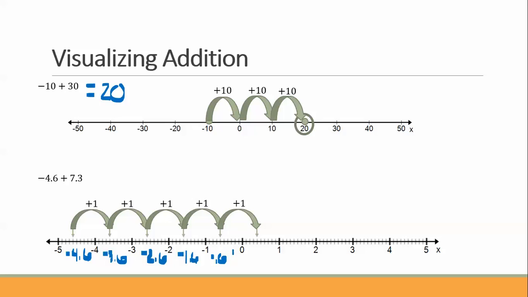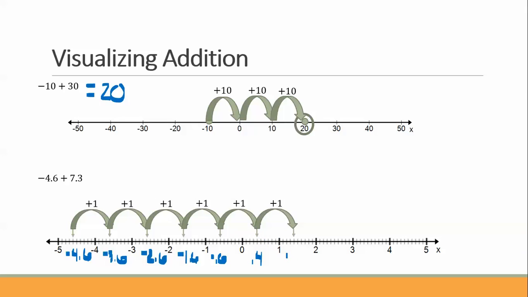So when we add 1, we're going 1, 2, 3, 4 tick marks to the right of 0. This is going to be positive now, 0.4. So when we cross 0, that's when we go from negative 0.6 to positive 0.4.